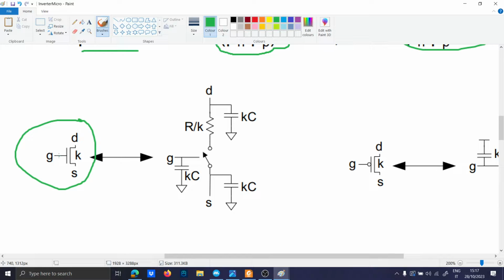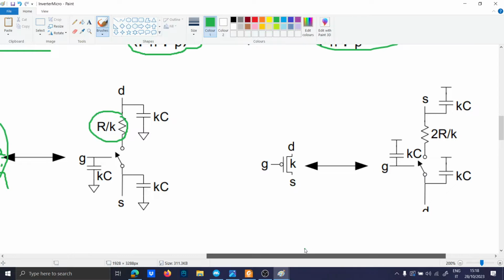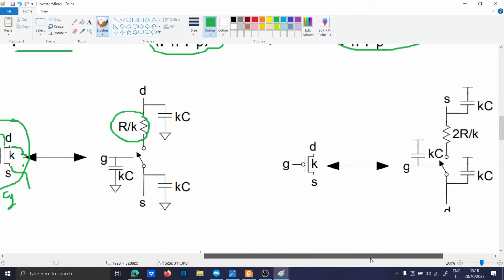Each of these MOSFETs has a lot of capacitance: CGS, the capacitance between the body, the drain, you already know the story. Just draw a capacitance between each of these terminals, and you substitute the resistor here, and you do the same for the PMOS.